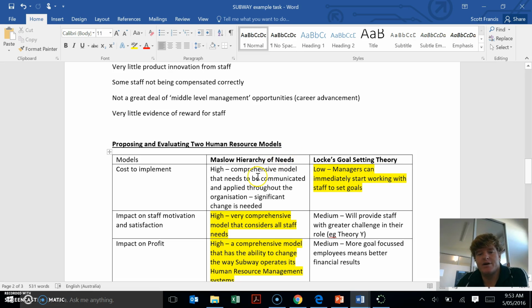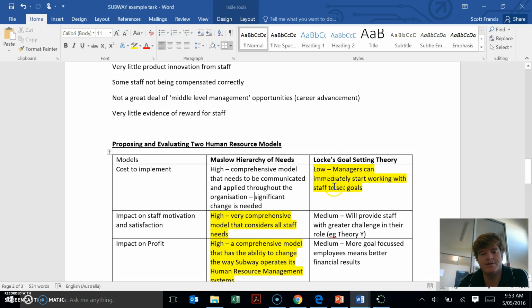So let's have a think about what we've got. Right? The first criteria I've put here is the cost to implement. Right? And I've said that for Locke's goal setting theory, that's pretty low, because all we need to do is sit down with our staff and say, okay, at the moment you're serving on average 15 people per hour. Let's make a goal to get that capacity up to 17 people per hour within the next month.